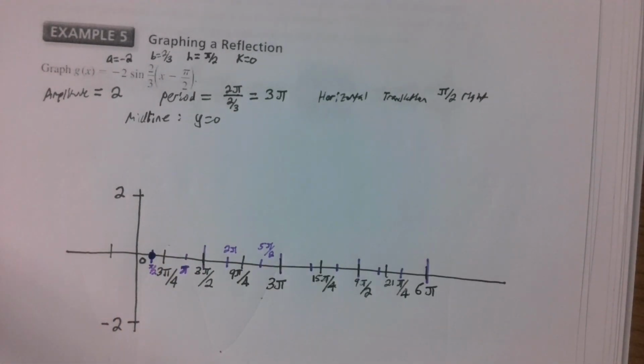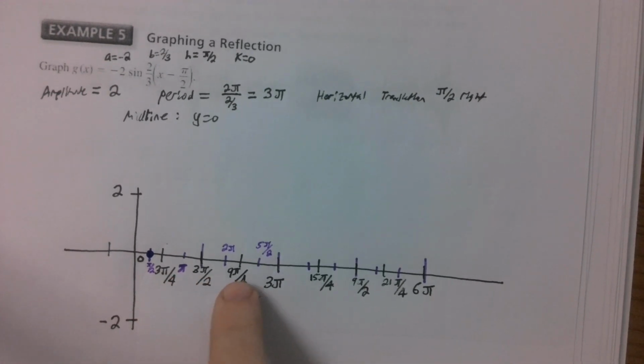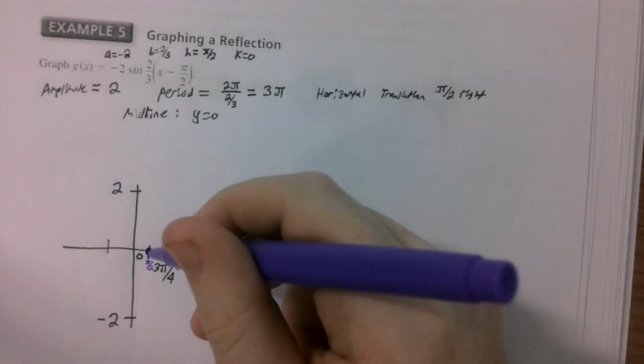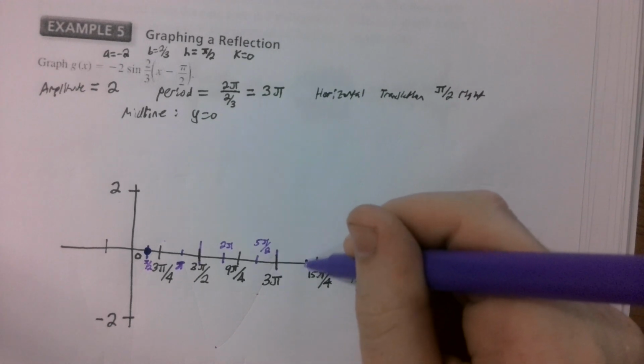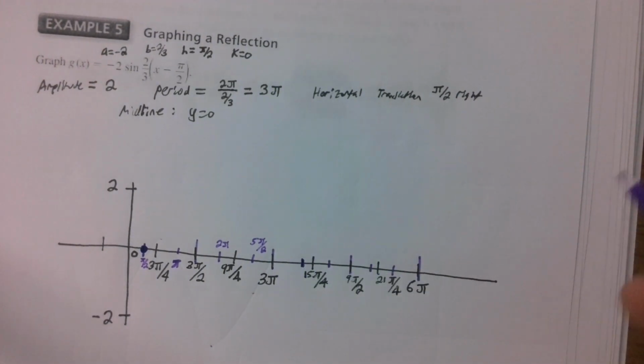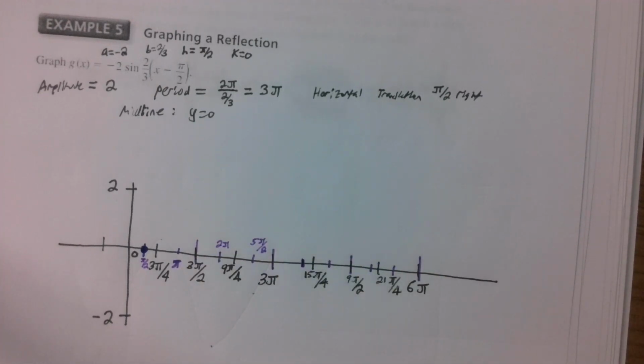Now remember, originally we want 5 points to get to our period of 3 pi. Since we shifted over pi over 2, we actually want to get all the way to this tick mark right here. So what measurements are we going to use to go with 4 more key points?